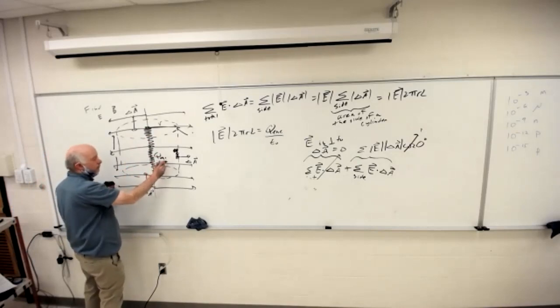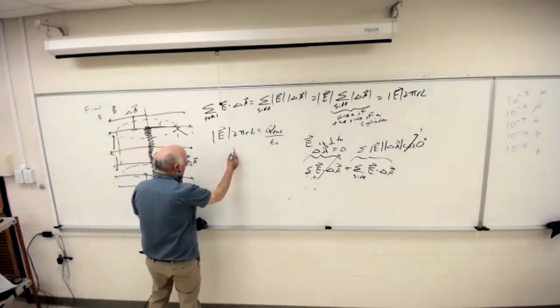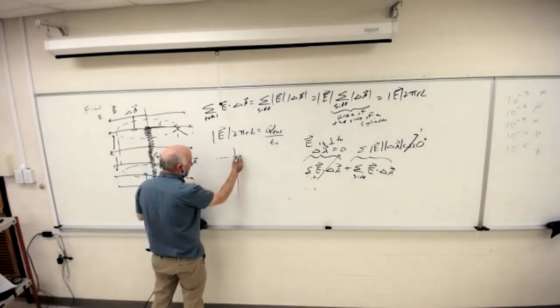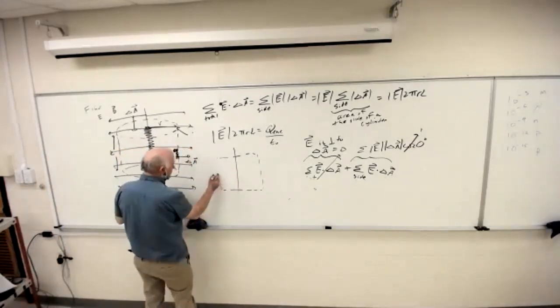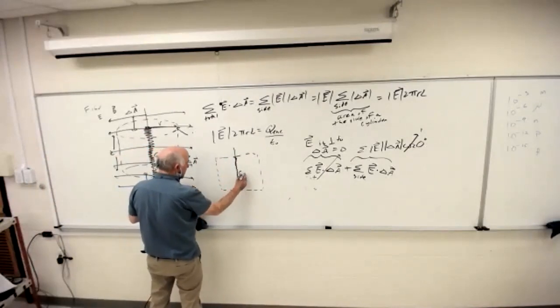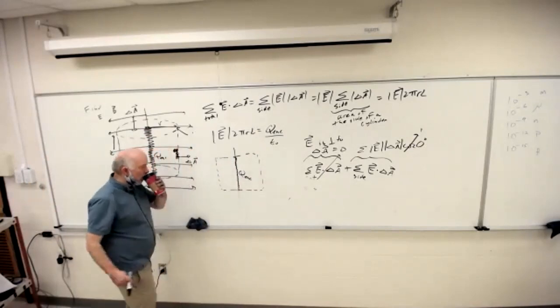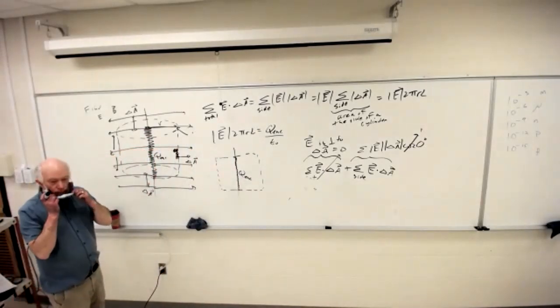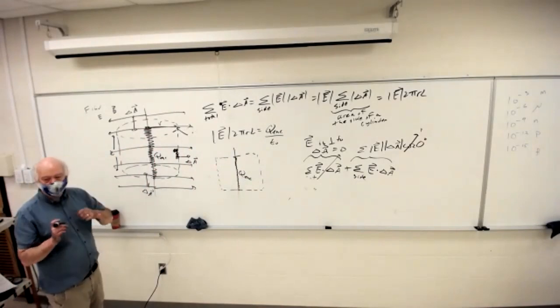That's my Q enclosed. If I take a saw and cut this in half, I get this. That's my Q enclosed. Does that make sense? Questions?